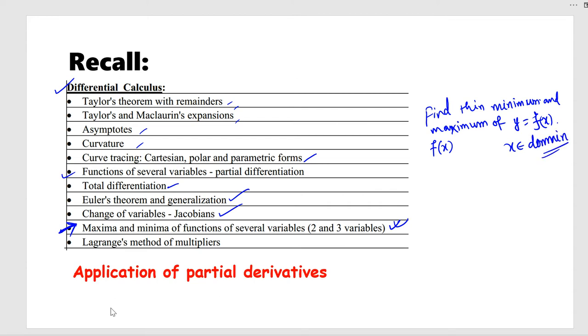In the particular domain, this domain can be one particular interval. This domain can also be the real number set, the whole real number line.